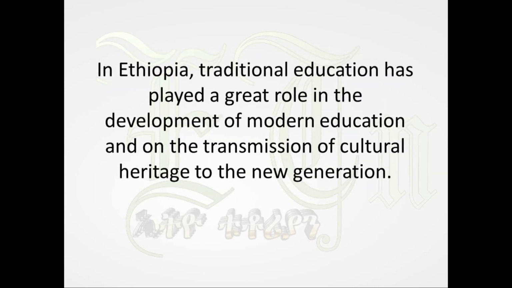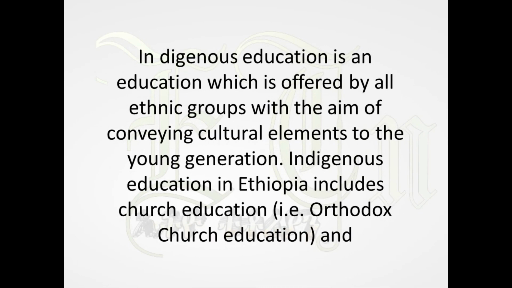In Ethiopia, traditional education has played a great role in the development of modern education and in the transmission of cultural heritage to the new generation. Indigenous education is education which is offered by all ethnic groups with the aim of conveying cultural elements to the young generation.